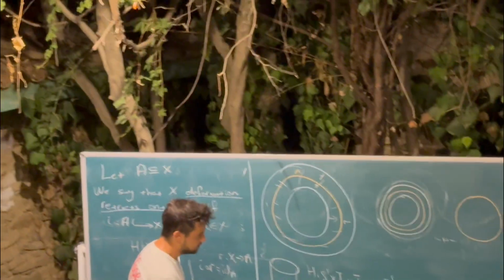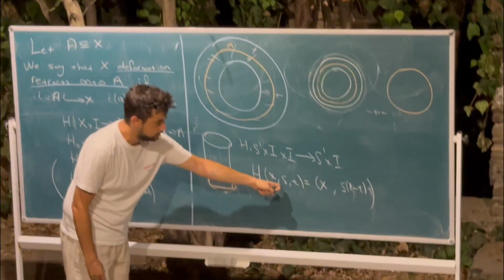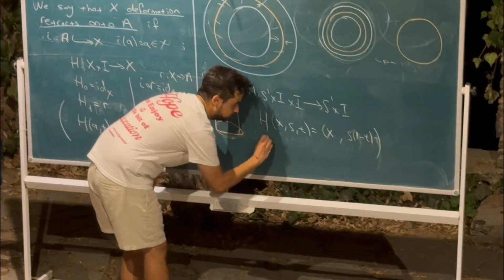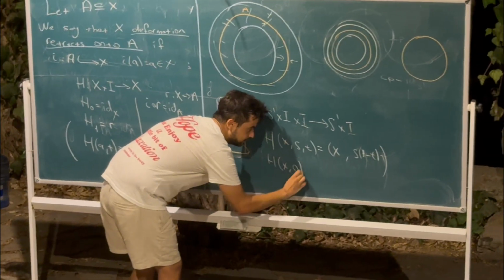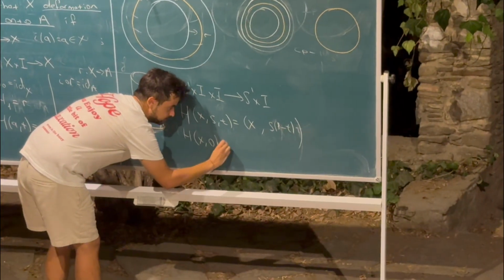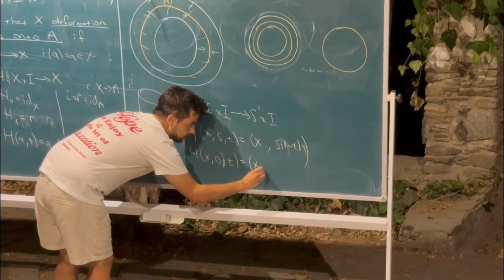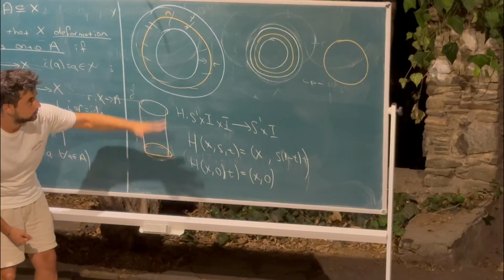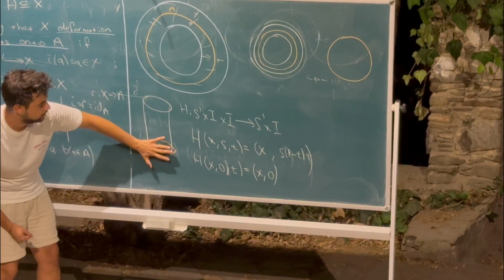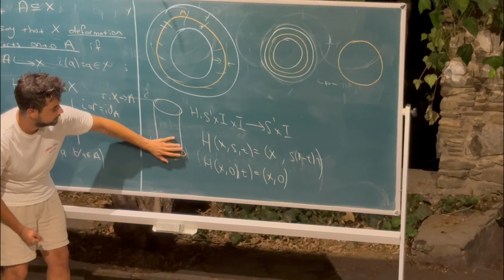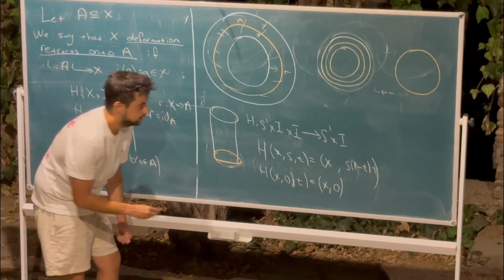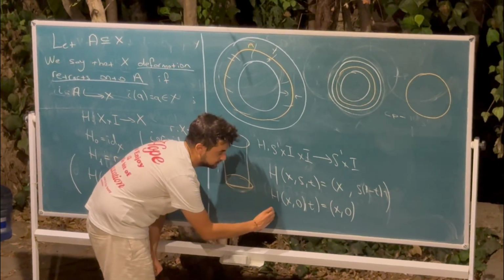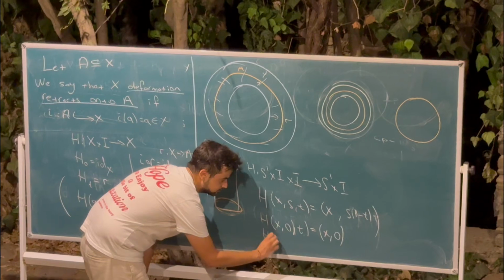Okay, let's check. If s is 0, observe that for all t, the homotopy is not doing anything on this subspace. It's keeping it fixed for all times.